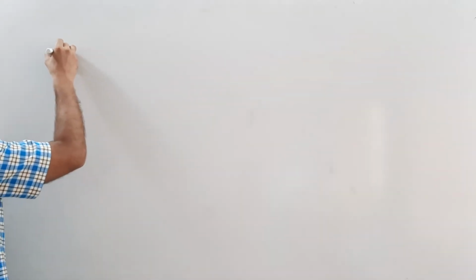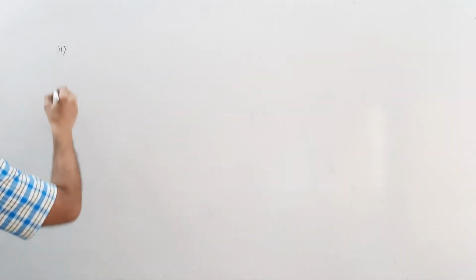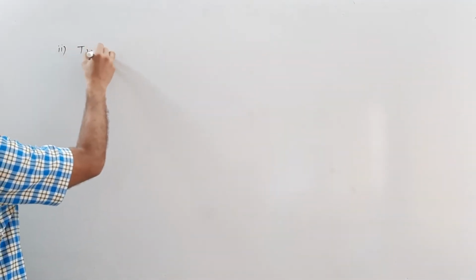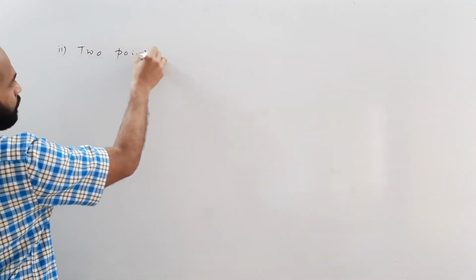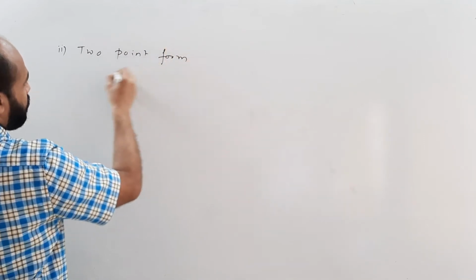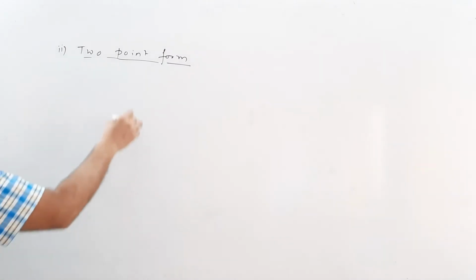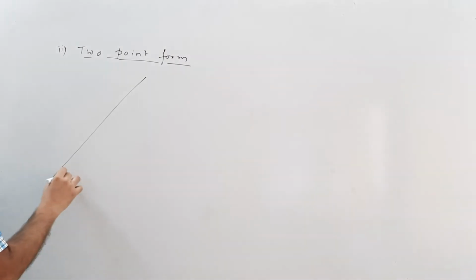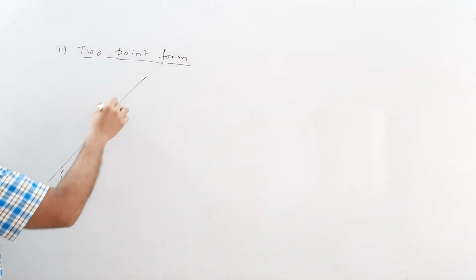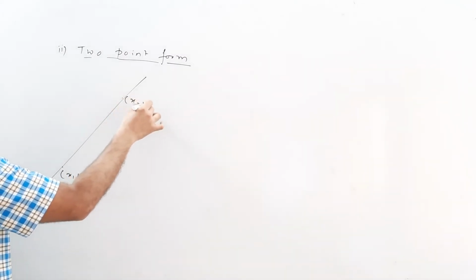Now let's quickly understand the next form of equation of line, that is called two-point form. Now why is it called two-point form? Let us see what it is. Let's say that this is one point that is known to us and this is the other known point to us.